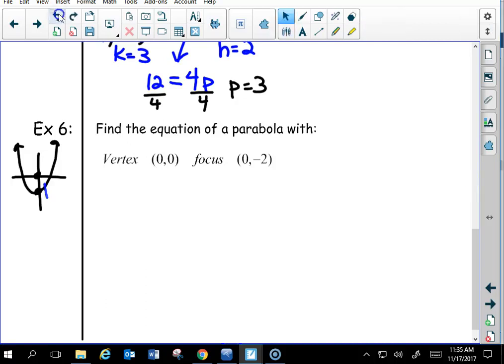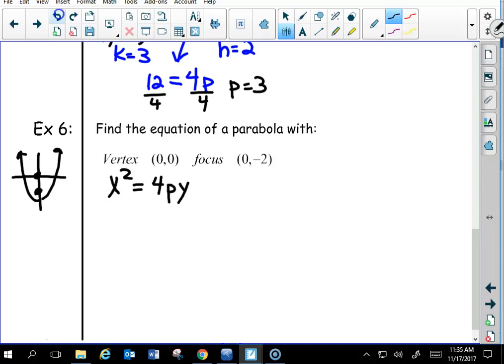The focus is in between, but it still tells me what this is going to look like, and it also tells me that I'm going to use x squared equals 4py as the standard form. All right, so I have numbers for pretty much everything.